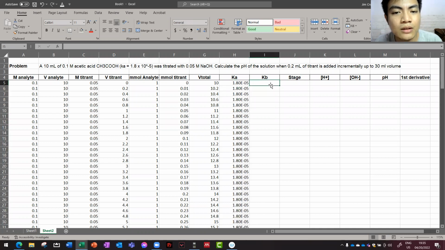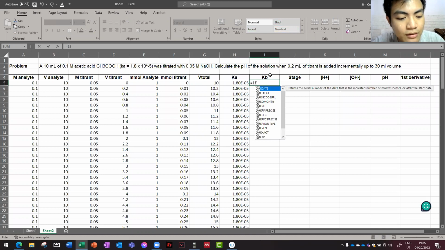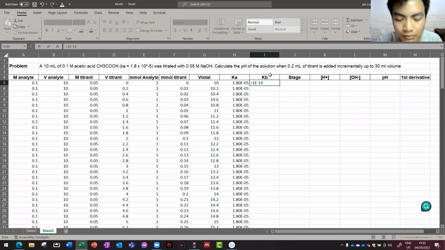How about the Kb? Remember, I told you that the Kb can be calculated by Kw over Ka, right? So what's Kw? It's 1 times 10 raised to negative 14 divided by the Ka.